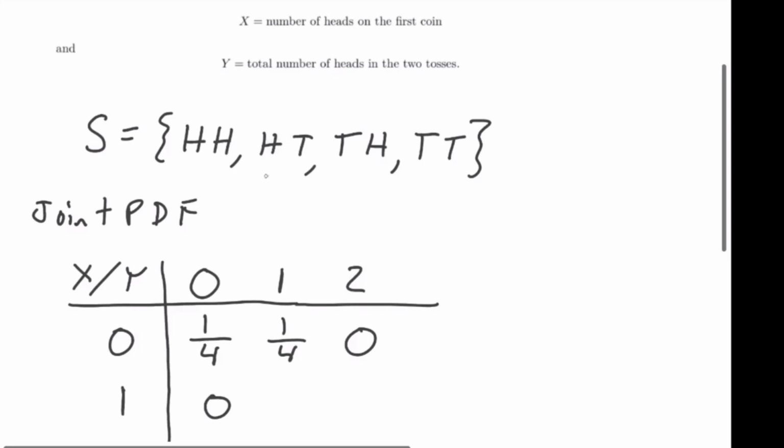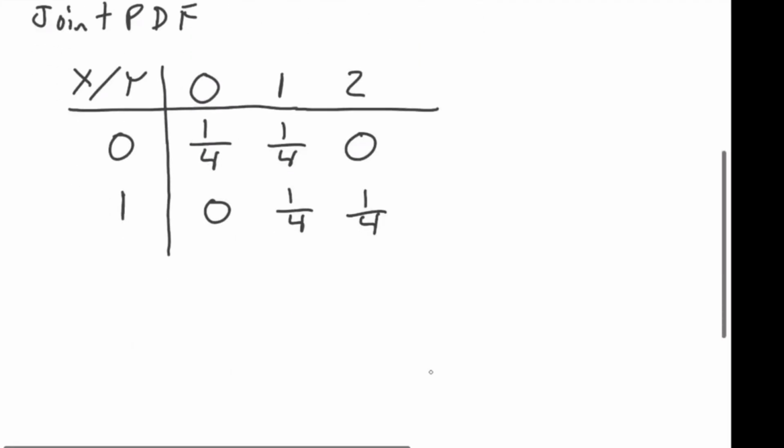So that is this outcome HT, so that's 1 out of 4. And now lastly, the first toss being a head and the outcome having 2 heads, right? So that's HH, so that's also 1/4. So here is our joint PDF.